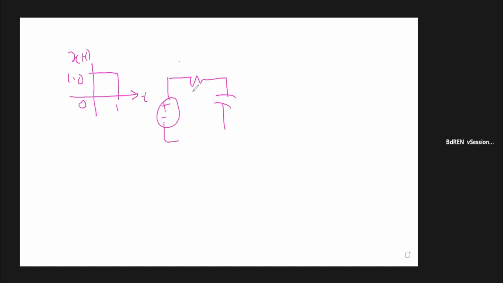Let us consider that we have a pulse. We have discussed this several times earlier. Say this pulse is 1 second in duration with amplitude equal to 1, a signal x(t), and it is applied to an RC network, say R equal to 1 ohm and C equal to 1 farad.